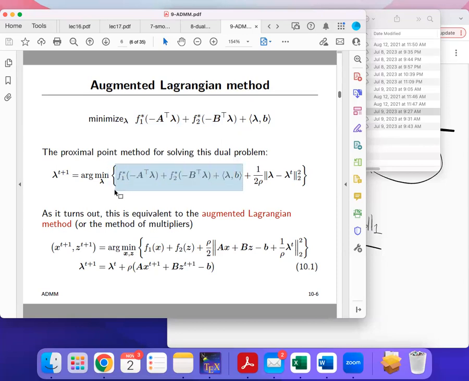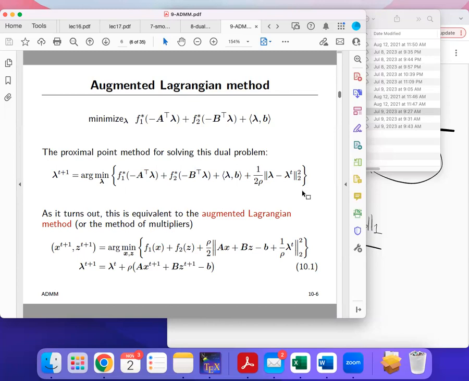This function is regularized by a quadratic term, lambda minus lambda_t squared. Again, like the definition of proximal mapping, it's the proximal mapping associated with this function evaluated at lambda_t. Okay, so this is the proximal point method applied to the dual problem.